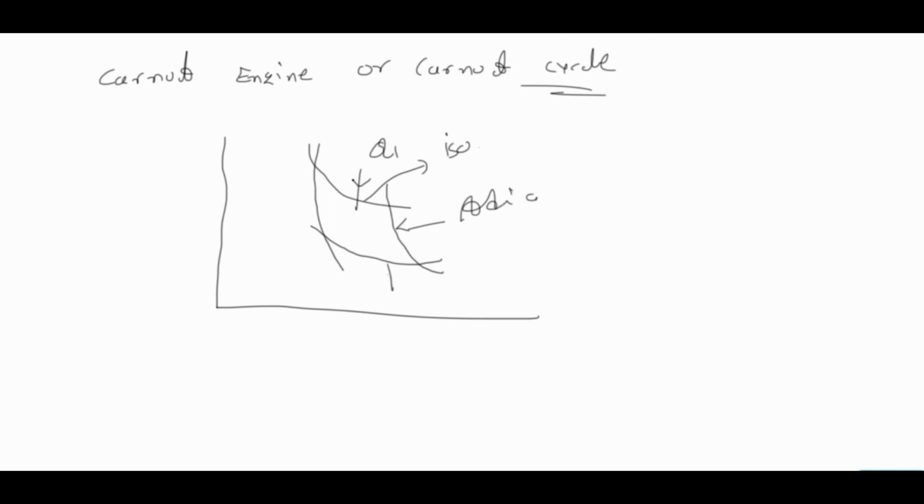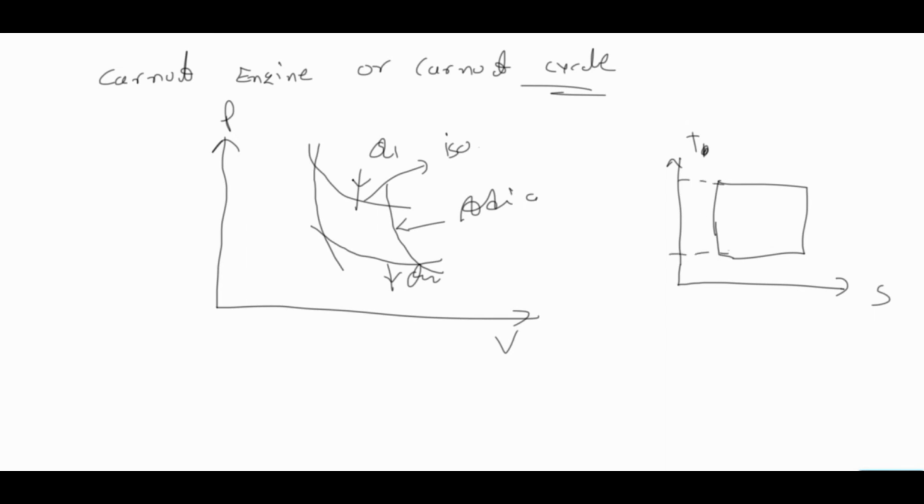Here heat is going to be rejected. This is the PV diagram. If we talk about the TS diagram, it becomes like a square. These two are constant temperature. This is the temperature scale, TS diagram, with entropy.